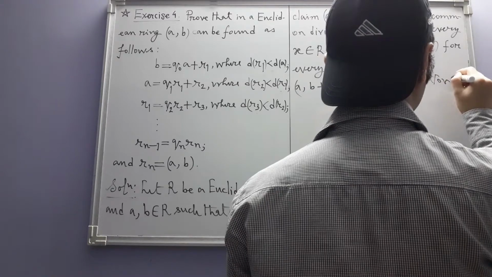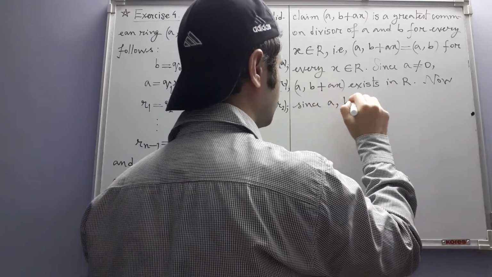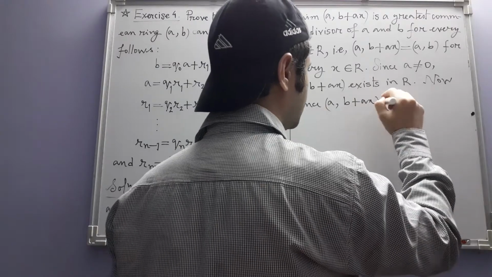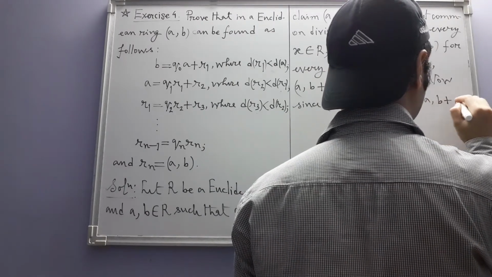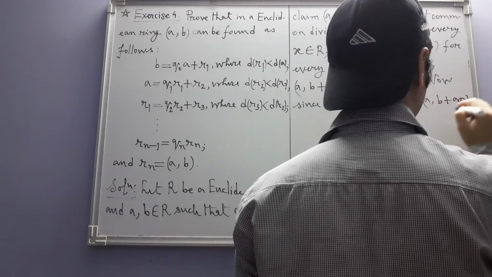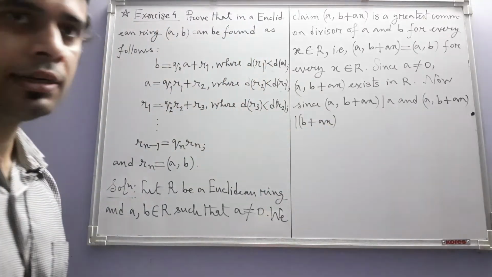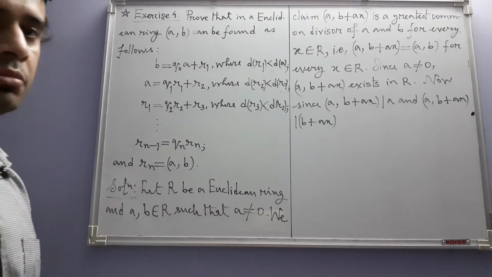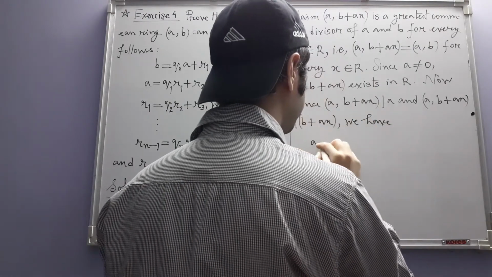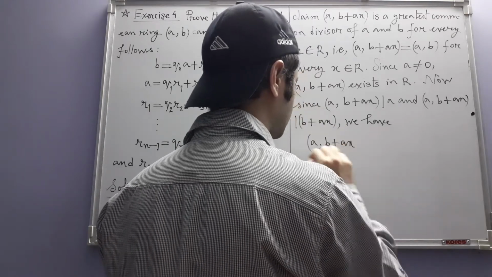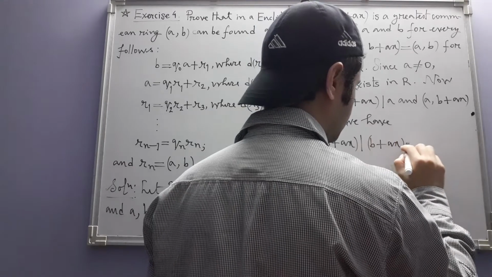Now since this divides A and at the same time divides B plus AX, because by definition the GCD of two elements divides both the elements, it divides B plus AX minus AX.